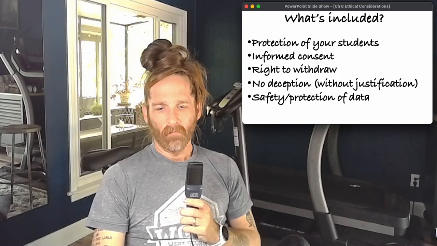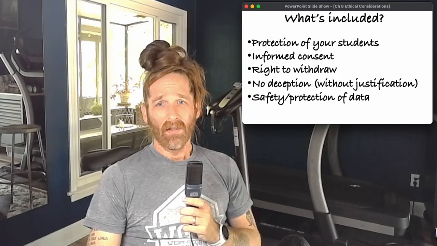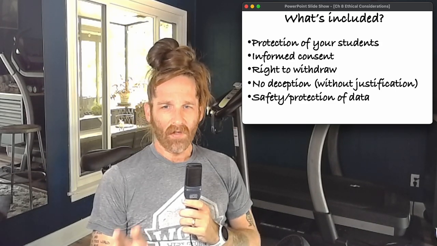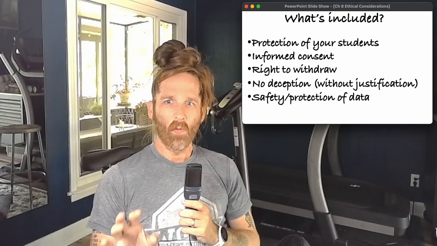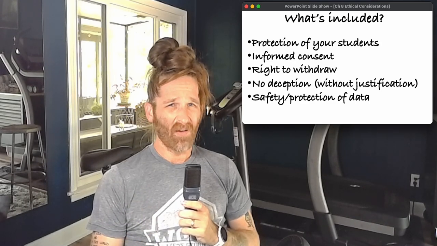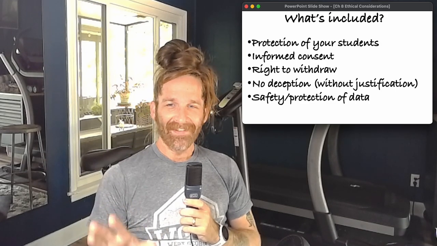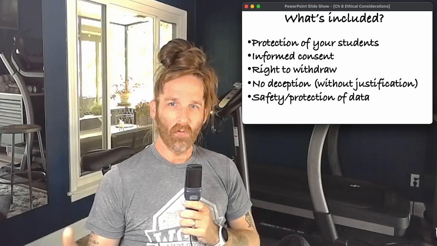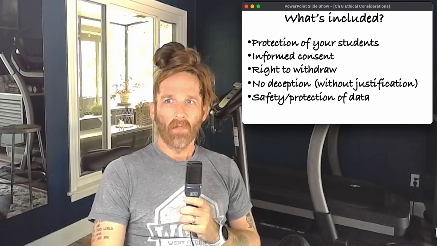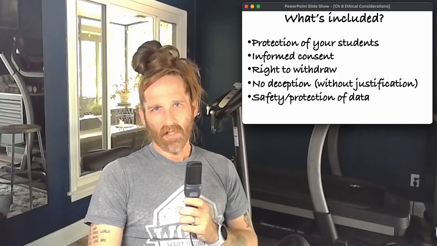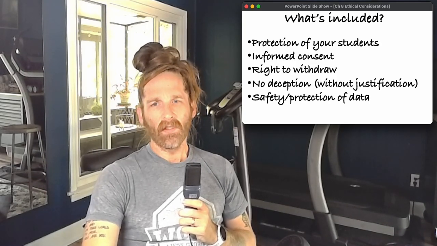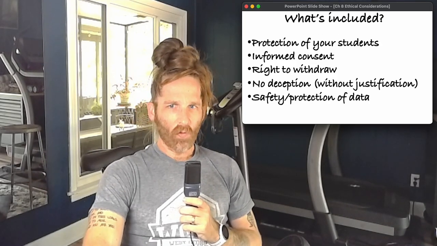But if deception is being used and students are unaware of that, then you just want to make sure that you're not taking unfair advantage of them or getting them to do something that they're not comfortable with by tricking them. That's a dangerous place to be. So the IRB will help you avoid that, or at least help you develop a significant justification.